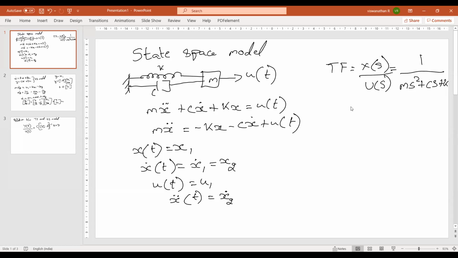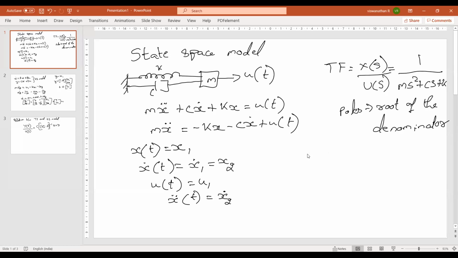Now, how do we get the poles of this? Poles we get from the roots of the denominator. So let's put some values here.